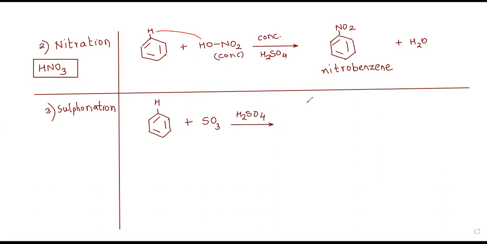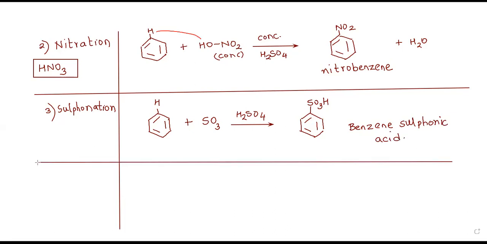So here is a little different reaction. You get SO3H connected to the benzene ring. This compound is called benzenesulfonic acid. So we are left with two reactions only. Quickly take a screenshot of this.